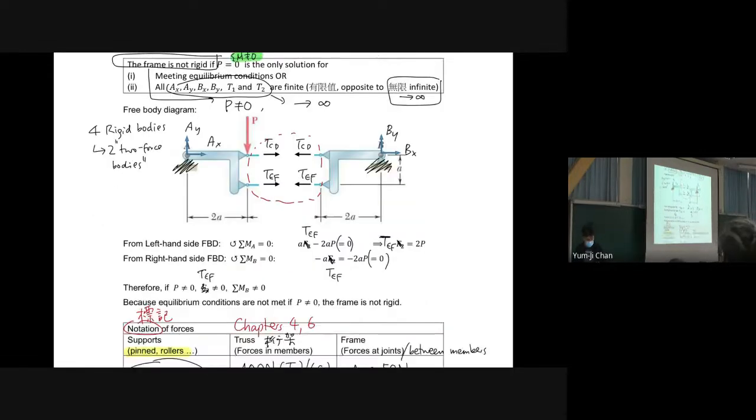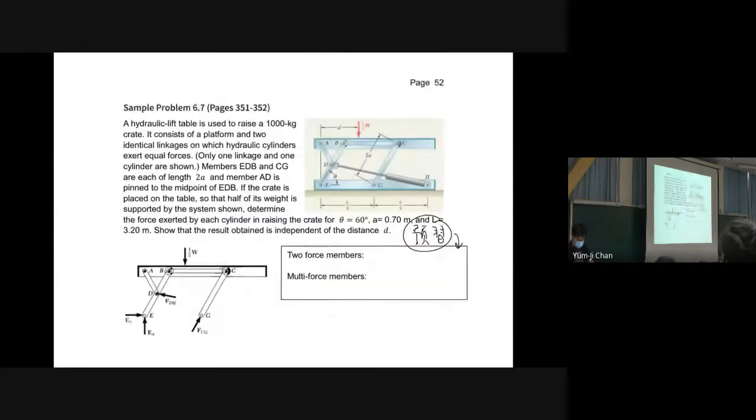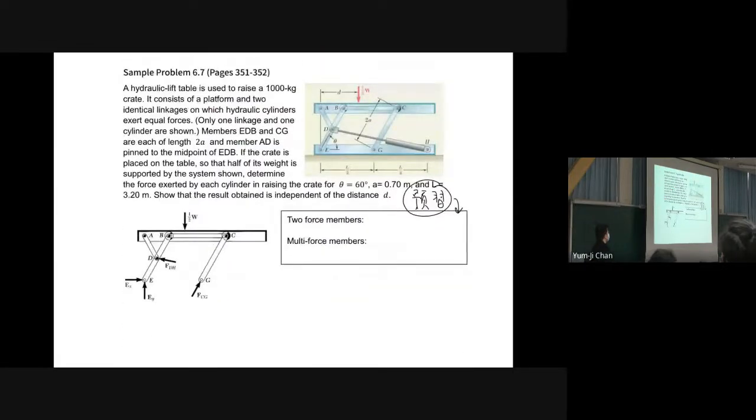So before the end of the class, this is a hydraulic lift table.